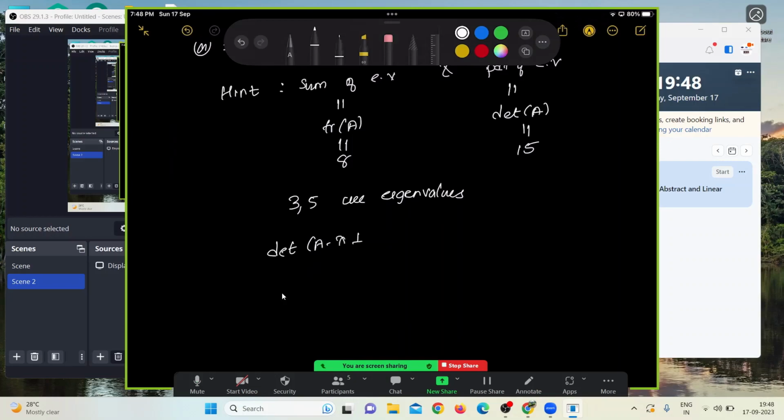So A minus lambda I means subtracting lambda on the diagonal, and we want the determinant of this to be equal to 0.